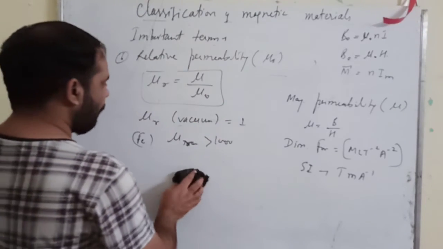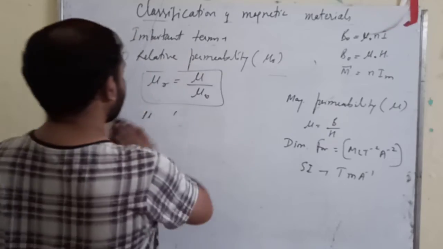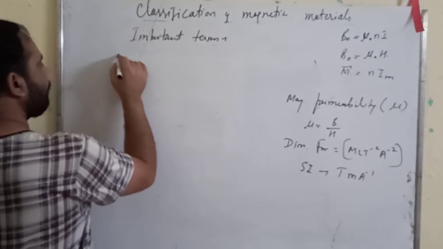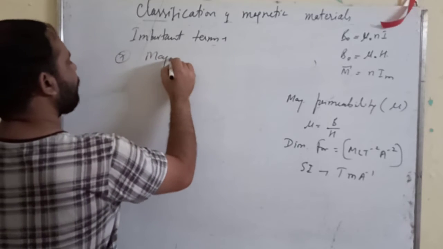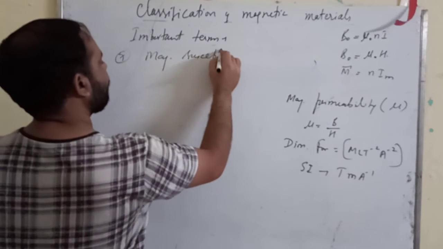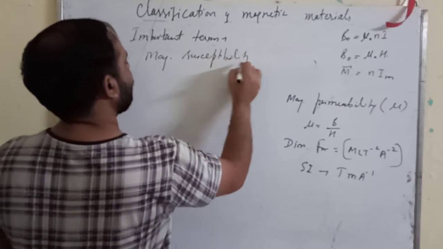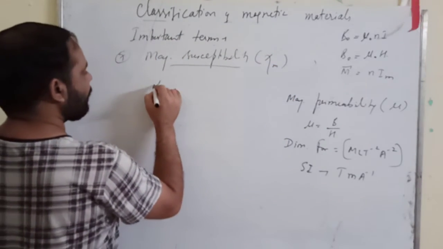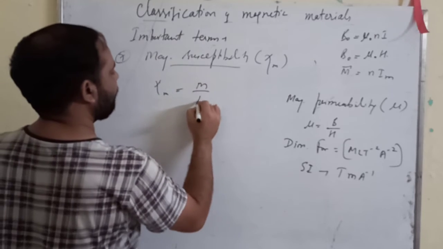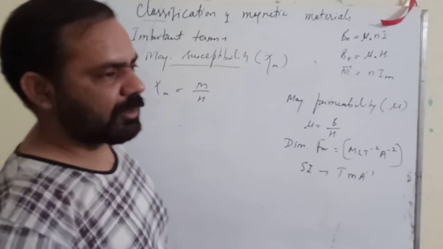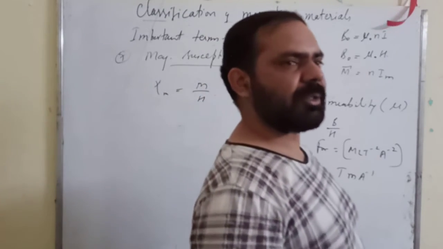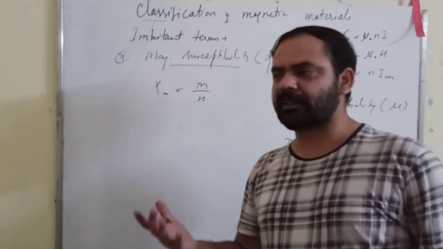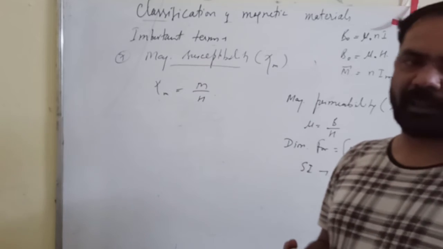The next, seventh, is magnetic susceptibility, which is denoted by chi m, and it is the ratio of M over H. This is again a dimensionless scalar quantity that tells us to what extent the material can be magnetized.